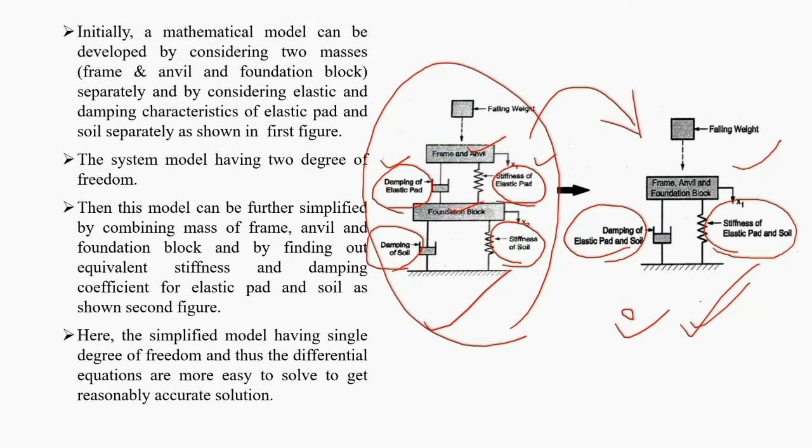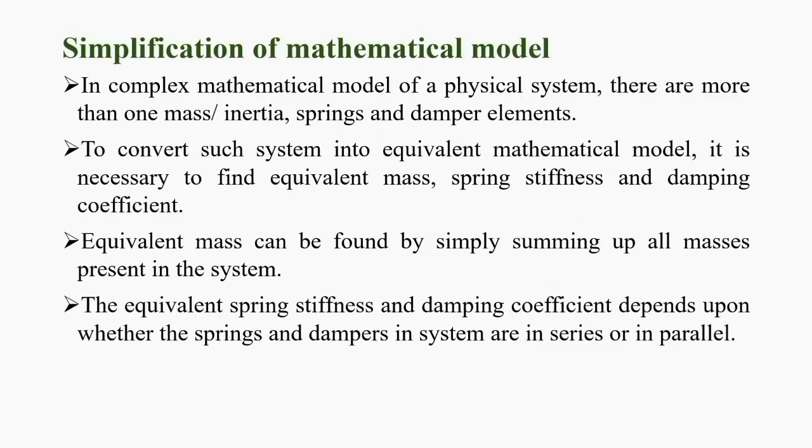Now our next topic is simplification of the mathematical model and how to find out equivalent spring stiffness and equivalent damping coefficients. We have already discussed earlier that to simplify the mathematical model, we need to find out equivalent spring stiffness, equivalent damping coefficients, and equivalent mass.